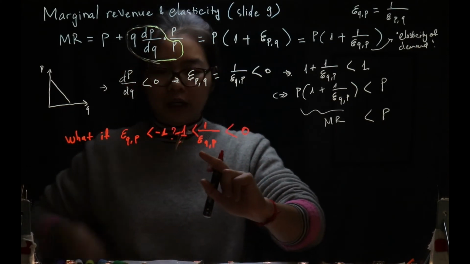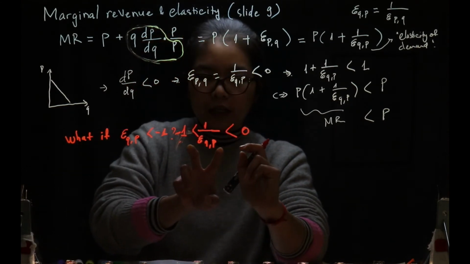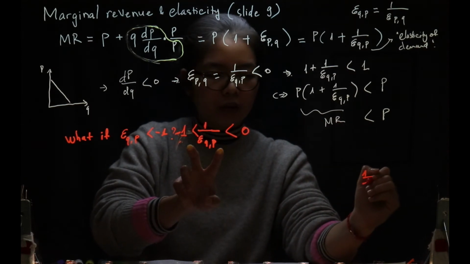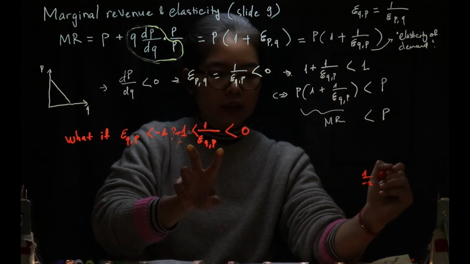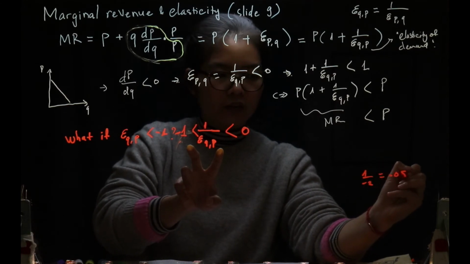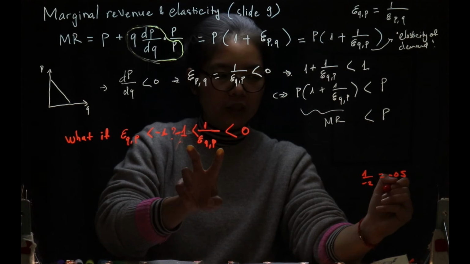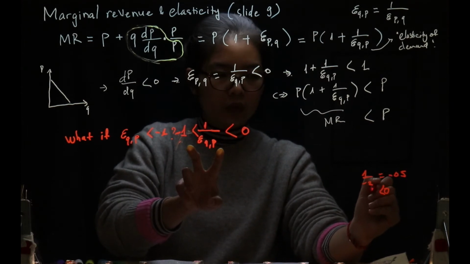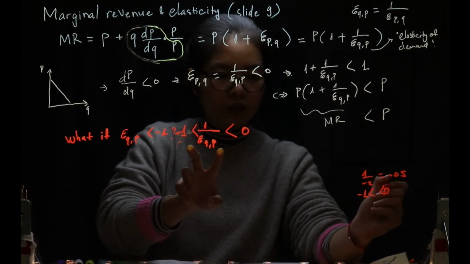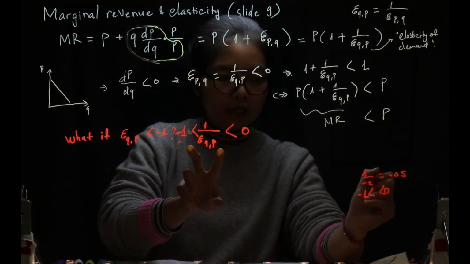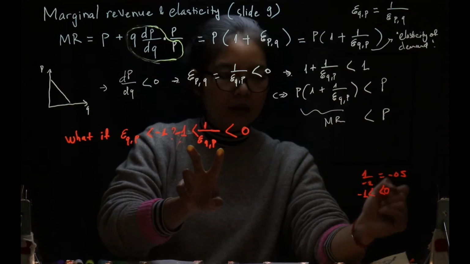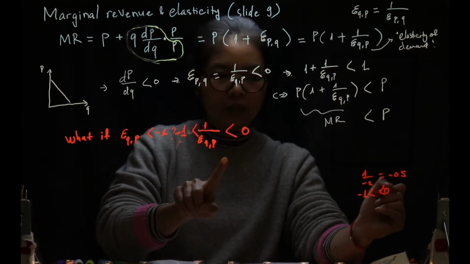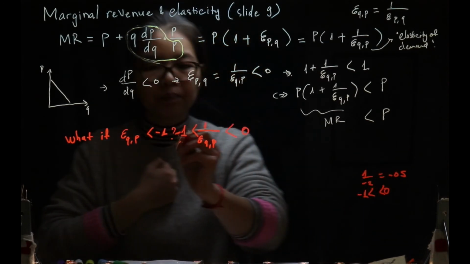Think about it. If it is here 1 over -2, that is -0.5, and -0.5 is smaller than 0 but larger than -1, right? So the more negative the denominator gets, the less negative its inverse gets, but still negative, okay?